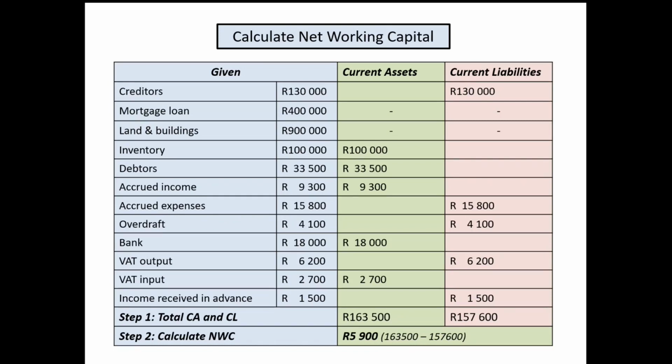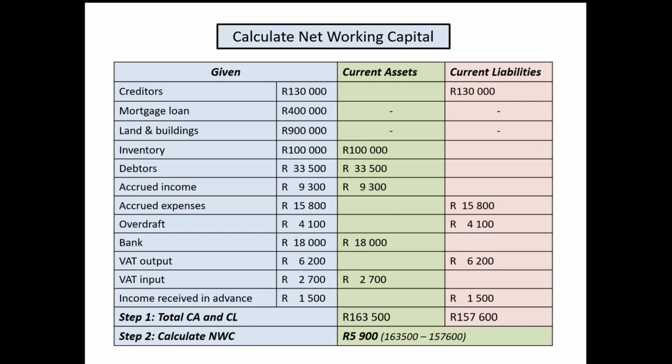And you must say, is this a current asset, or is it a current liability, or is it something else? If it is something else, you don't worry about it. You are only going to say, is it a current asset or is it a current liability?